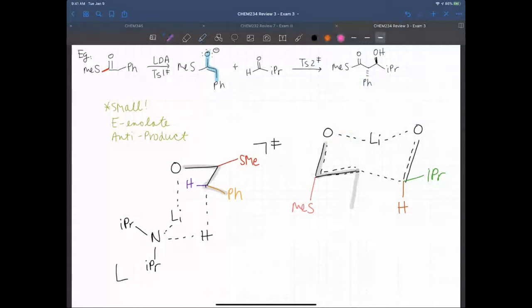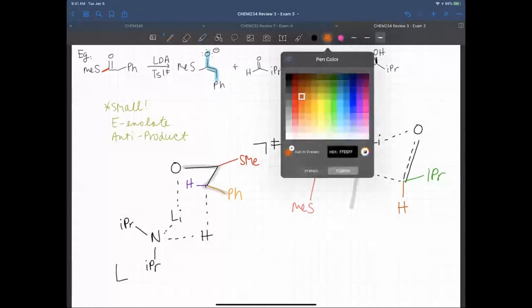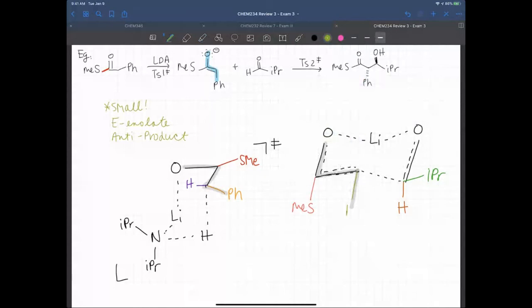So you know that this bond here has to go down, okay, with your phenyl. Which means that everything here is just hydrogen. Okay, so this is transition state 2.